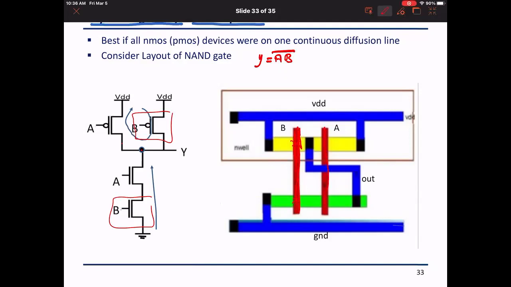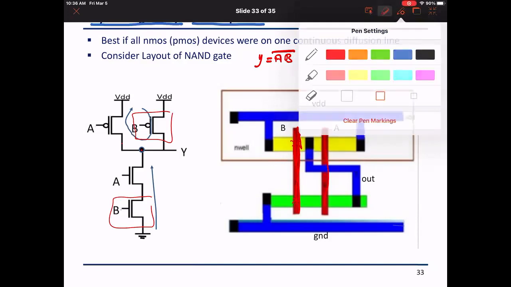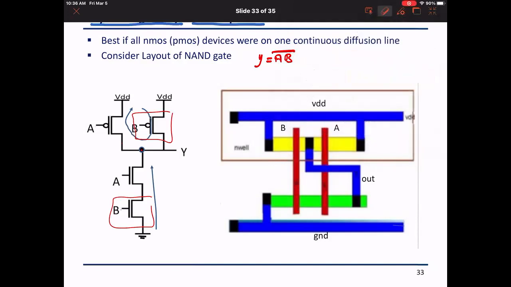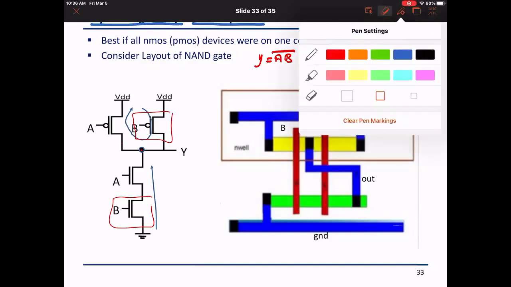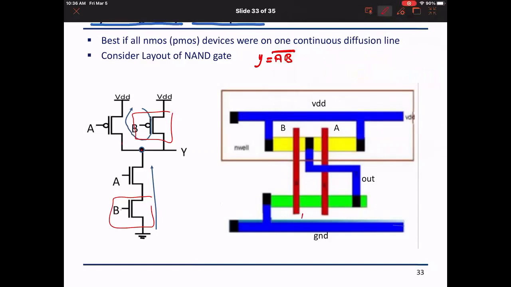Let us see how. If I am looking here, what is the order of inputs that I visited here? B, then A, right? And the order of inputs that I visit for the PMOS, B, then A. So I want them to be visited in the same order.